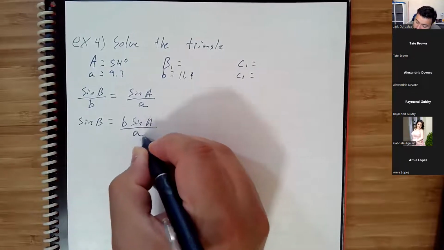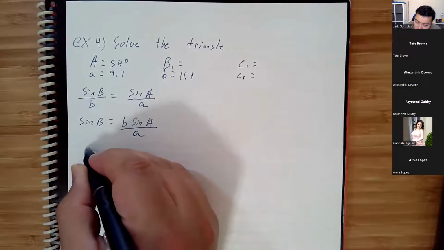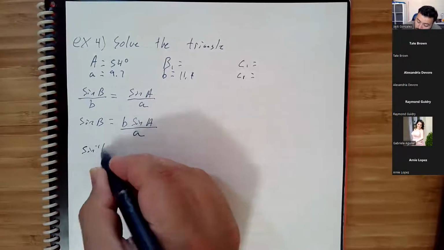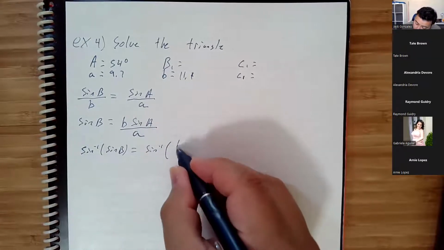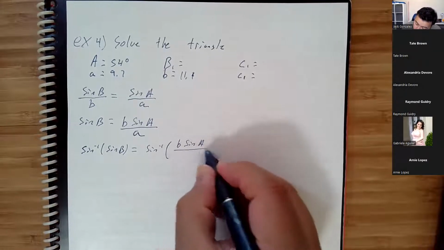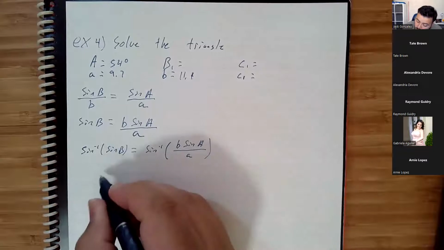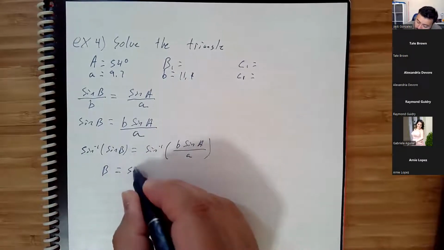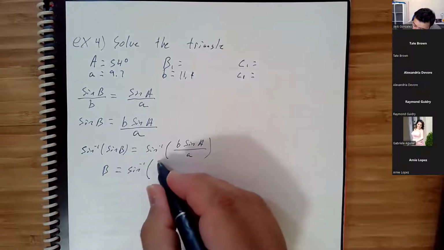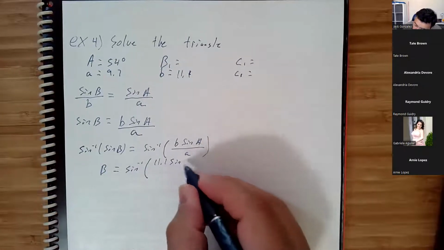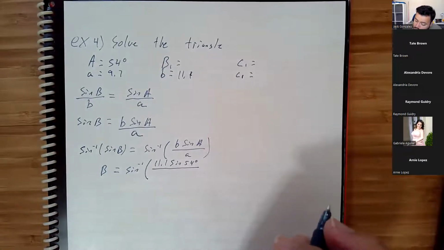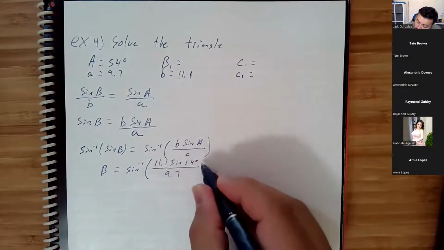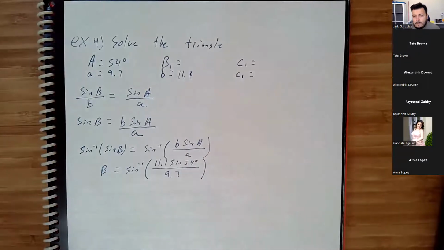Introduce the sine inverse. So sine inverse of both sides. So B will equal sine inverse of 11.1 sine of 54 over 9.7. Okay.